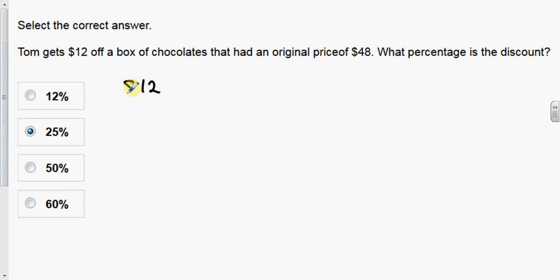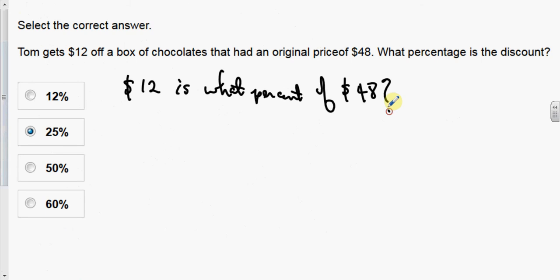So $12 is what percent of $48? Okay, so let's say let n represent the percent. So we have 12, that's is equal.